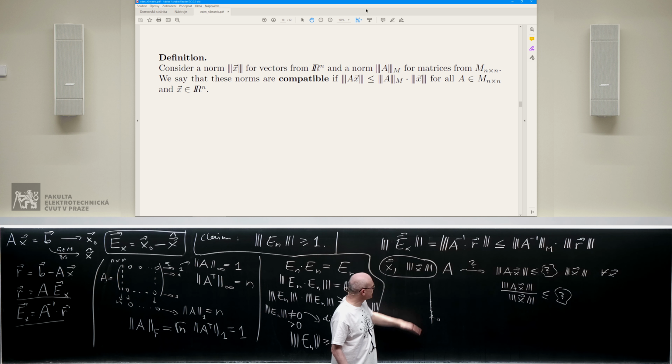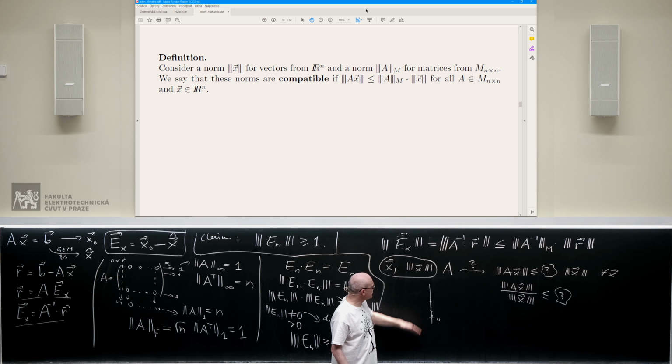And we have a very nice inequality which connects information which I have, because this is the norm of the residual and the norm of the right-hand side, I can get these easily, with some description of the behavior of the matrix, the norm of A and the norm of A inverse, and this gives me an upper bound for the relative error of the solution.